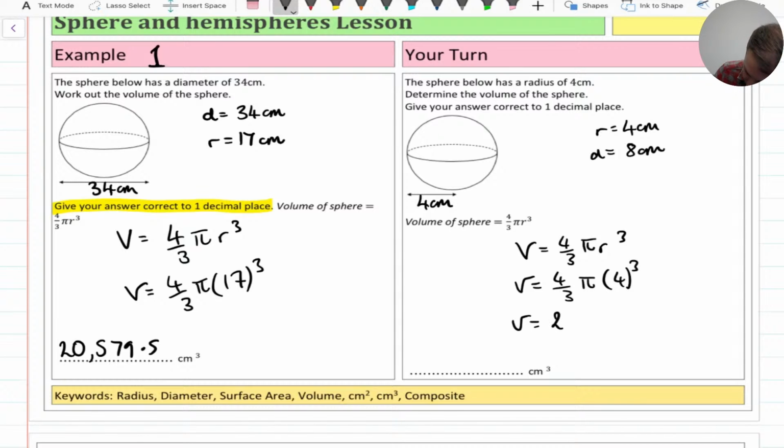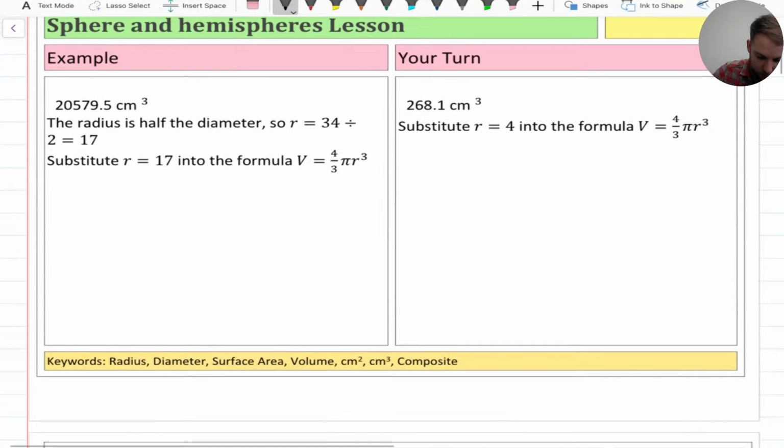The full answer is 268.08257. So we need to round this after 1 decimal place, which means it's 268.1 centimeters cubed. Brilliant. Hopefully everyone got that. So there's our two answers.